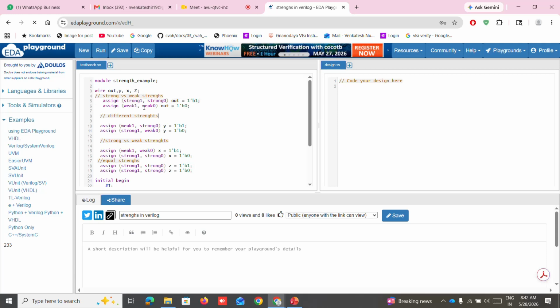Then strong versus weak signals: weak 1, strong 0, strong 1, weak 0. Who wins the race here? The assign statement output y is 0, right? Again strong versus weak: weak 1, weak 0, strong 1, strong 0. Who wins the race here? 0 we are getting. And then strong 0, strong 1, strong 1, strong 0. Who is getting the output here?